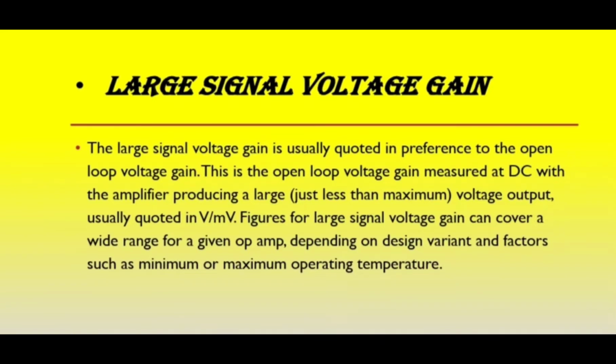Large signal voltage gain. The large signal voltage gain is usually quoted in preference to the open loop voltage gain. This is the open loop voltage gain measured at DC with the amplifier producing a large, just less than maximum voltage output, usually quoted in V/mV figures.